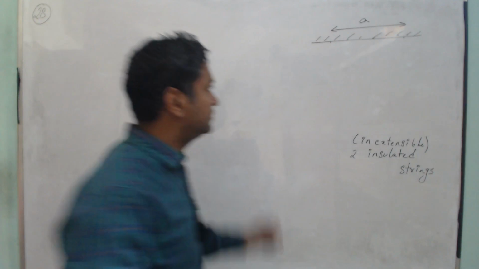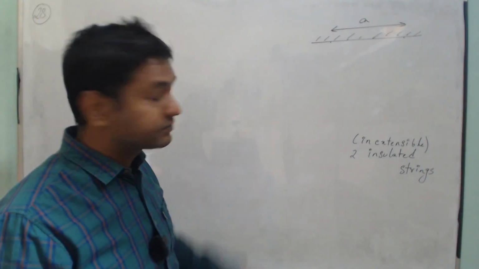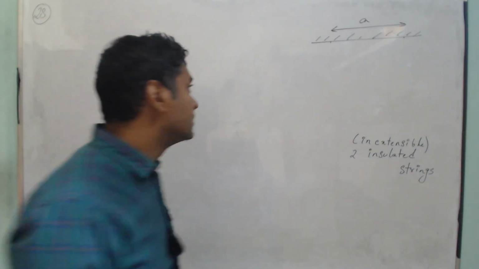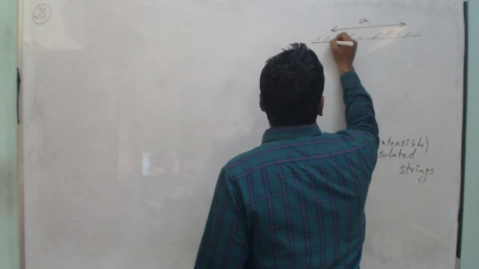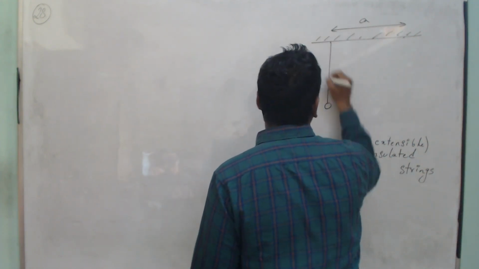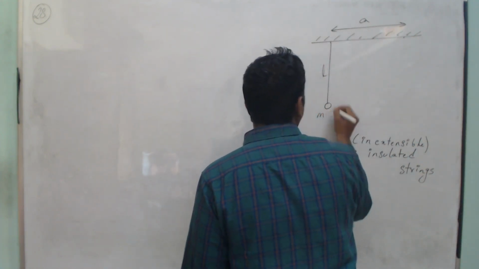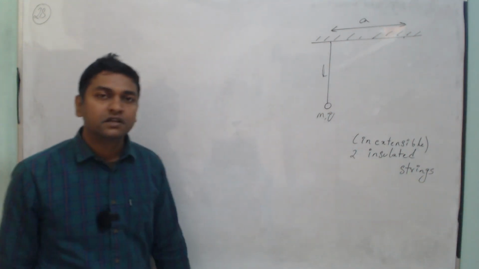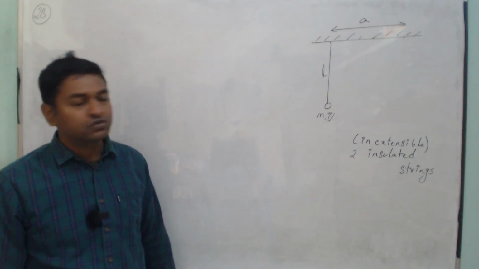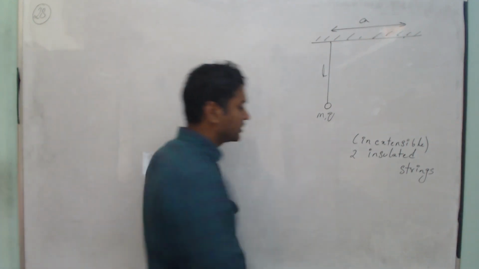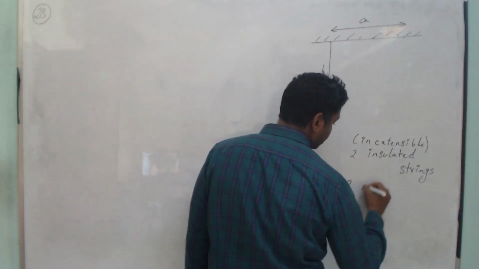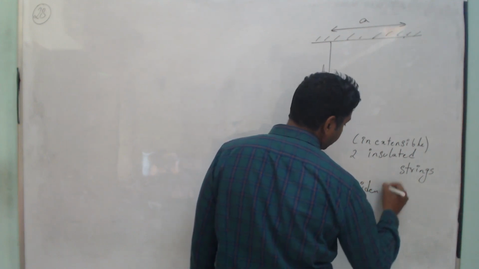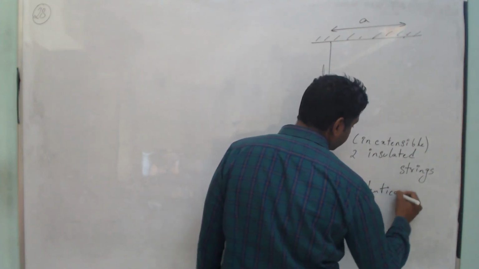Now each string has a length L and the charge which is attached is charge Q and having a mass M. Again, here also we are saying two identical charges.